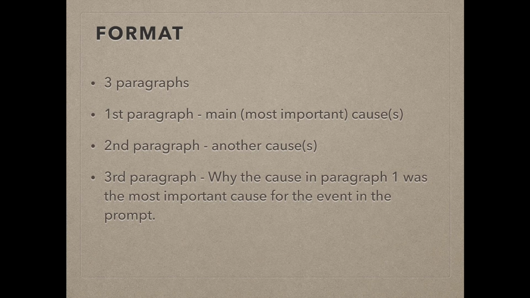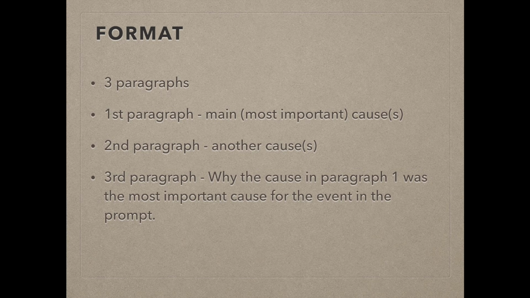And for your third paragraph, you need to explain why the cause in paragraph 1 was the most important cause for the event in the prompt. So here you're not just explaining that it was a cause, you're stating why your cause in your first paragraph was more significant than any other cause. How did it contribute the most to the event in the prompt? And that's where you're really thoroughly evaluating the factors here, which is what they're looking for to get to level 4.